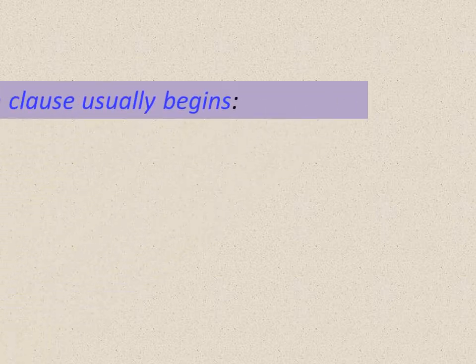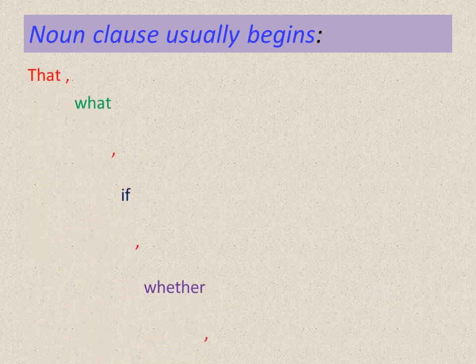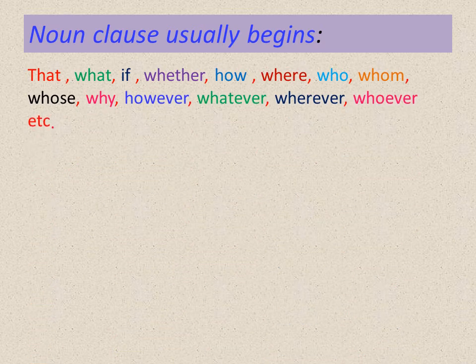One is that a noun clause usually begins with words like that, what, if, whether, how, where, who, whom, whose, why, however, whatever, wherever, whoever, etc. If the subordinate clause starts with one of these words, we can say that it is a noun clause.